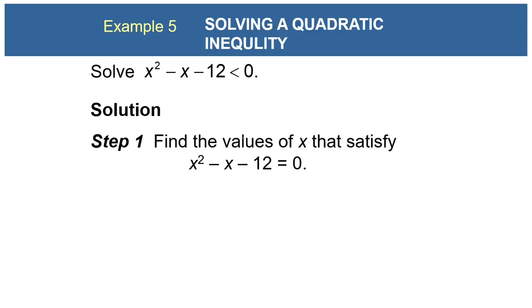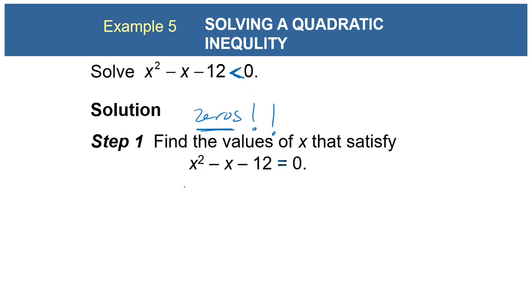Example 5, I have x squared minus x minus 12 is less than 0. Now the first thing I want to do is to find the zeros of this quadratic inequality. So I'm going to set this inequality with an equal symbol instead so I can find the zeros. That's step 1. Find those zeros.